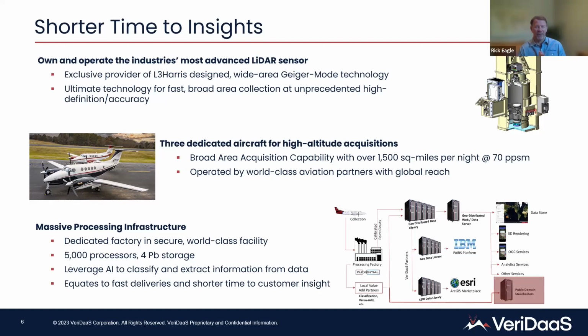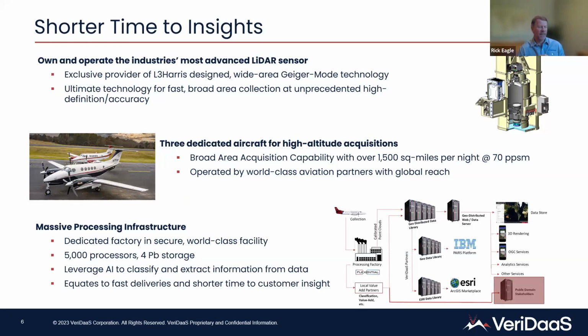And with those 3 platforms, we have the capability to collect about 1,500 square miles per night at 70 points per square meter. So a lot of data very fast. And we operate our aircraft with world-class operators who've been doing survey work for a long time. So they know how to do uptime and make sure that the planes are flying and we're collecting data whenever we can.